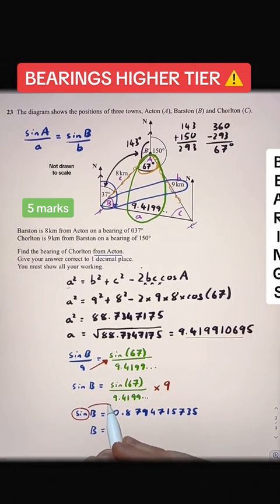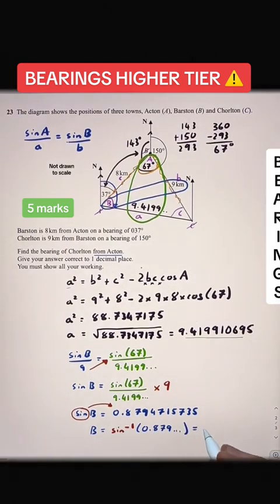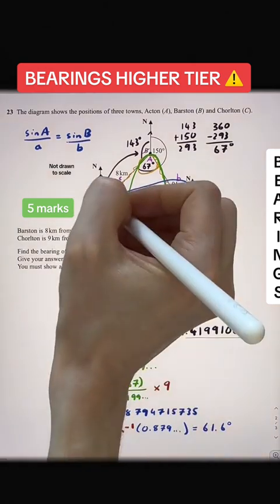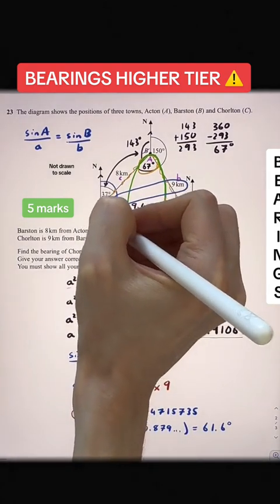If you move a function across an equal sign, it becomes the inverse function. So sine becomes the inverse of sine, i.e. sine to the minus 1, of my 0.87 number, which equals 61.6 degrees when rounded to one decimal place. Returning to my diagram, I can now label that angle as being my 61.6 degrees.